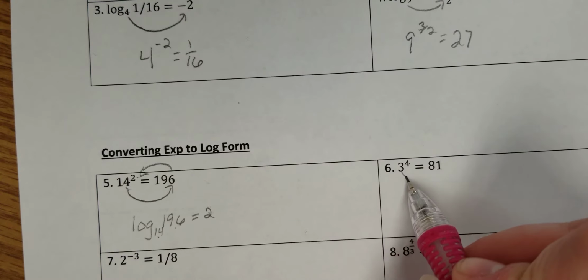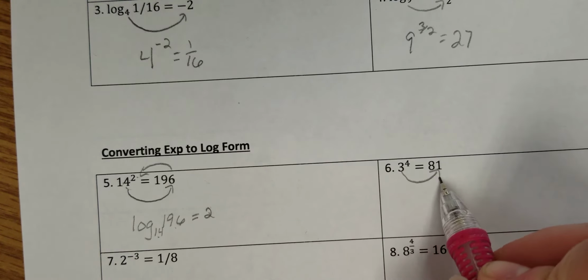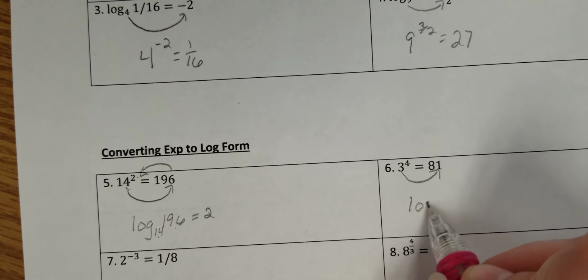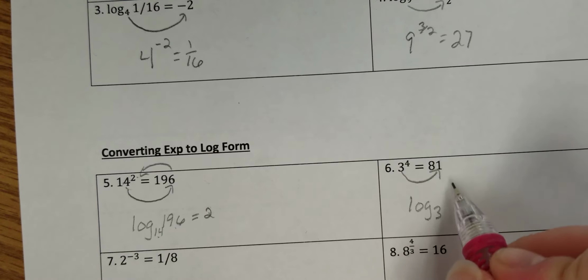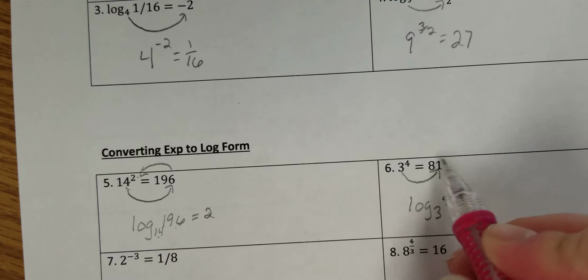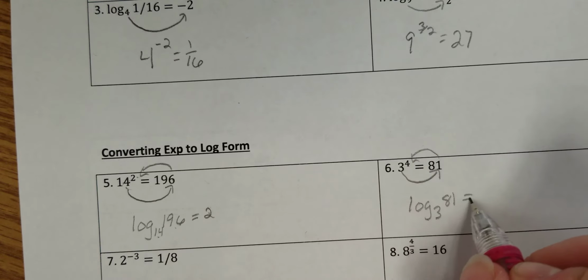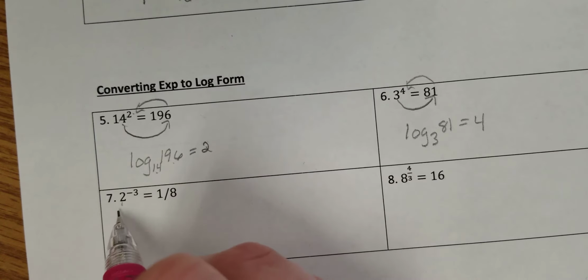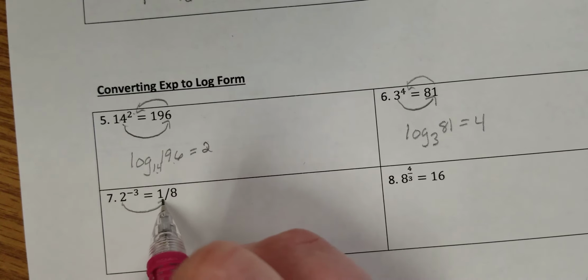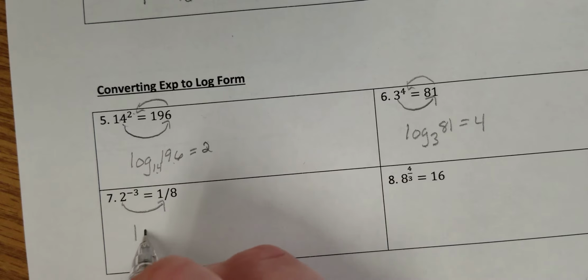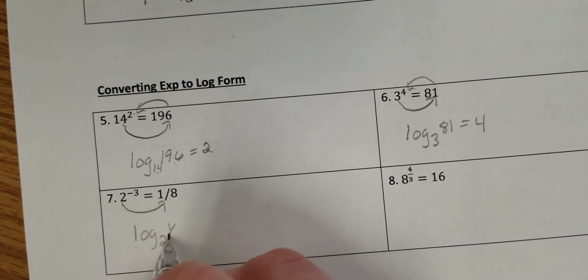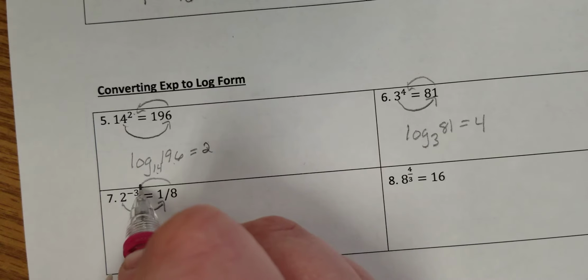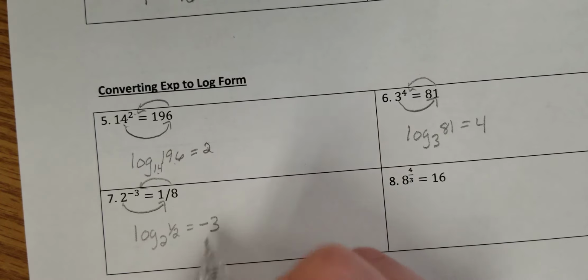So for 3, that's your base. This is b. So log base 3 of 81 equals the exponent, so equals 4. Then this one is log base 2 of 1/8 equals the exponent of negative 3.